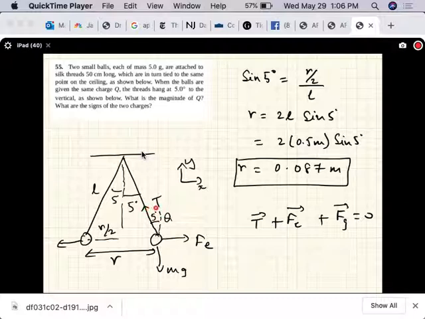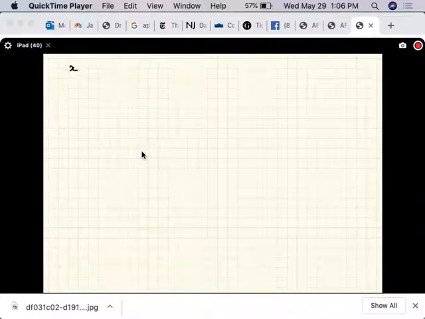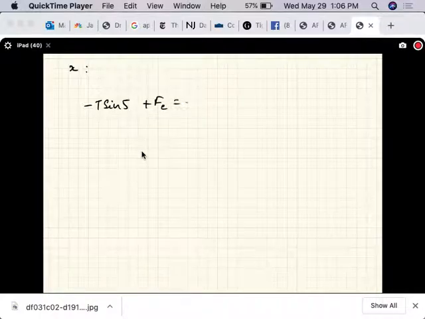The x component of this is negative, so T sine phi, that's the sine component. So minus T sine phi plus Fe equal to 0.